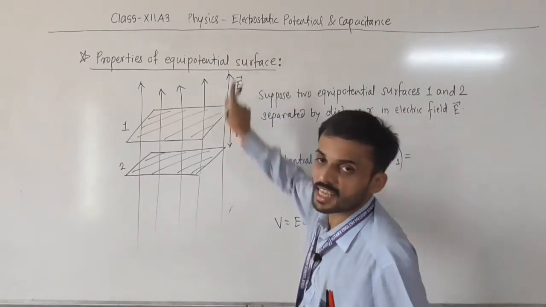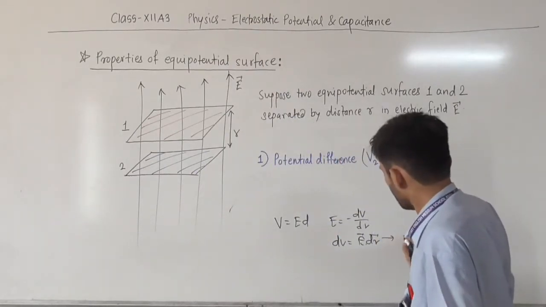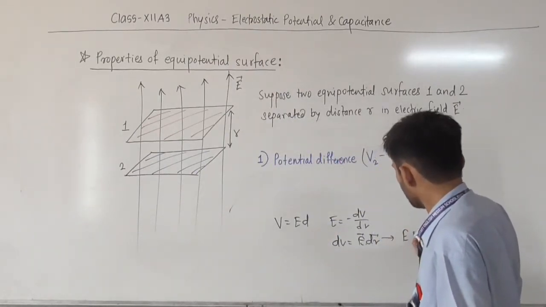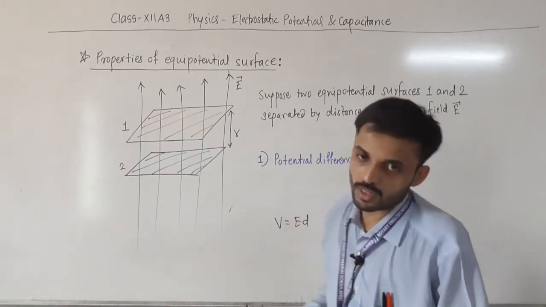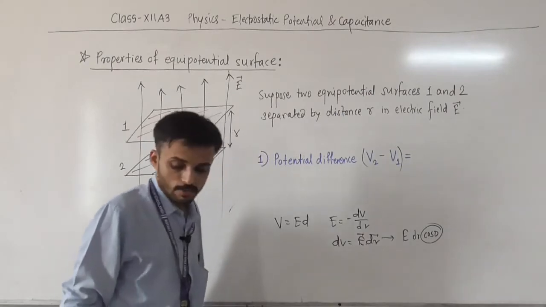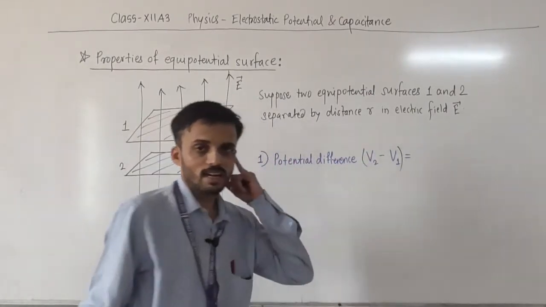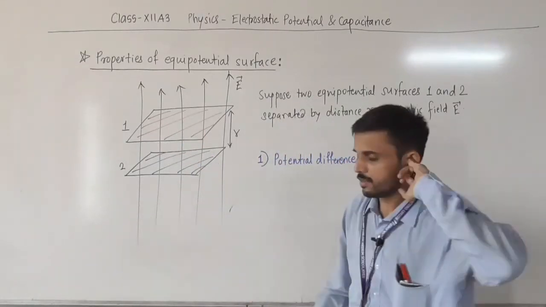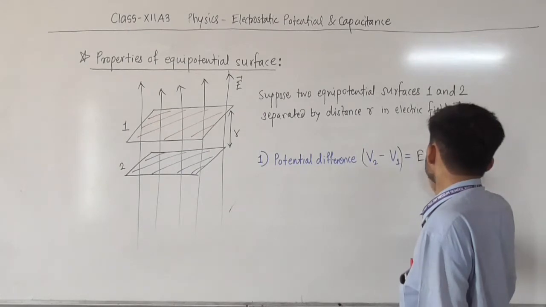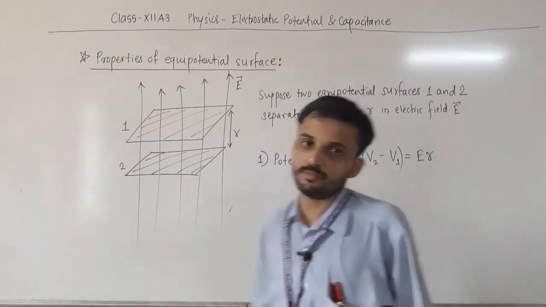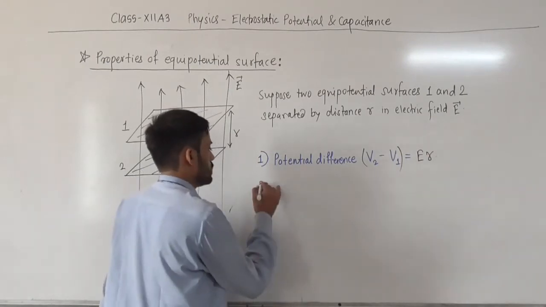R is also along this line, E is also along this line. So यहाँ पे, magnitude of E into magnitude of dr into cos 0, cos 0 will be 1. So dV will be just E dr and V will be integration E dr. Understood? But integration no need to do that, because here the field is uniform. So as the electric field is uniform, we can write E R. Okay, V2 minus V1 equals E R.